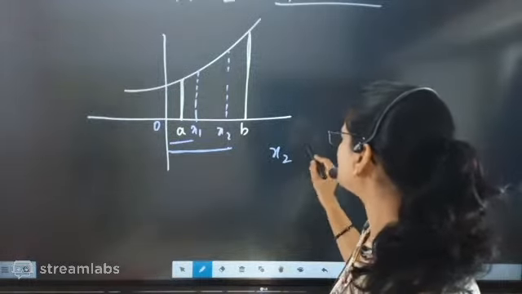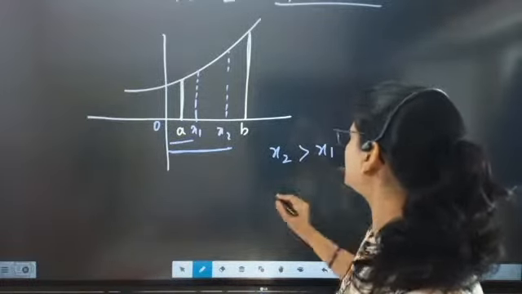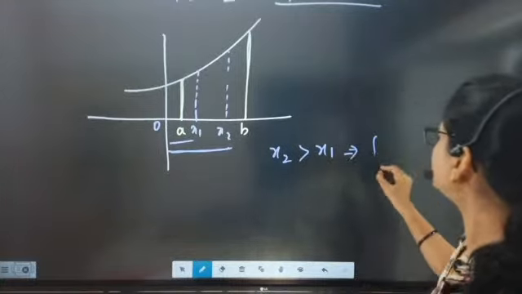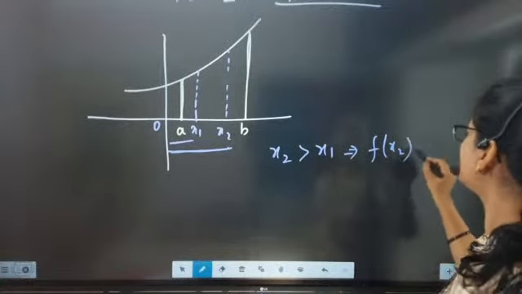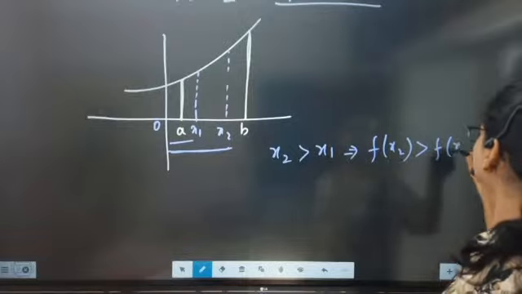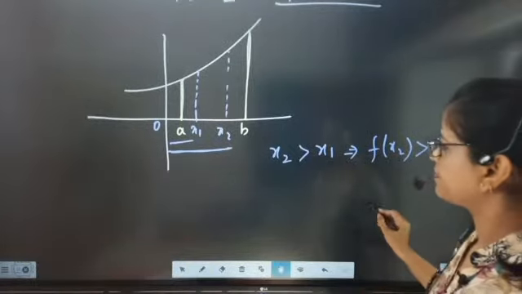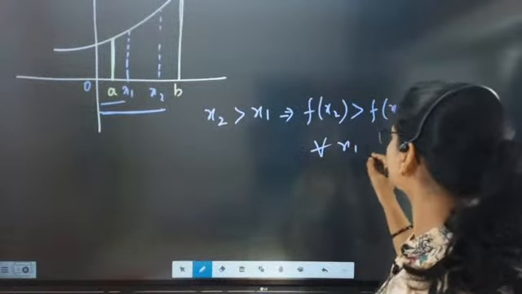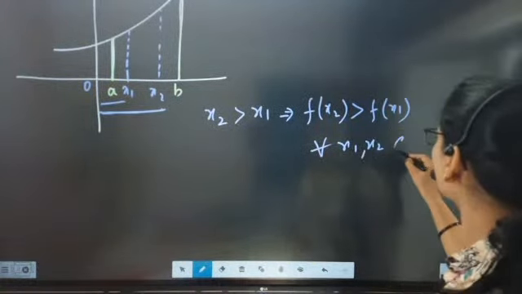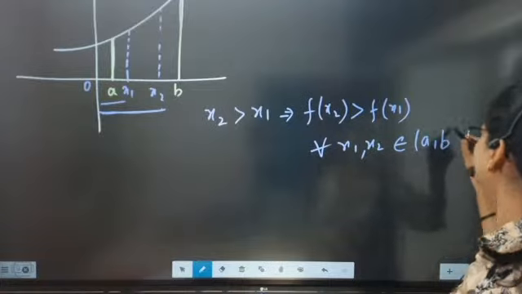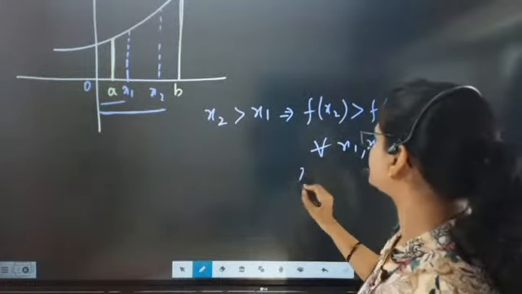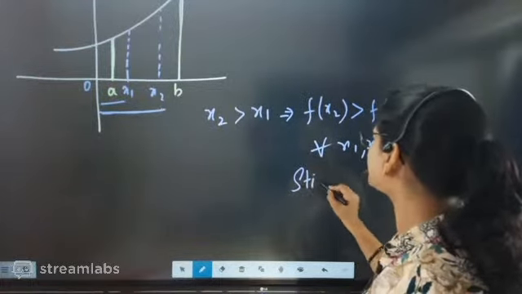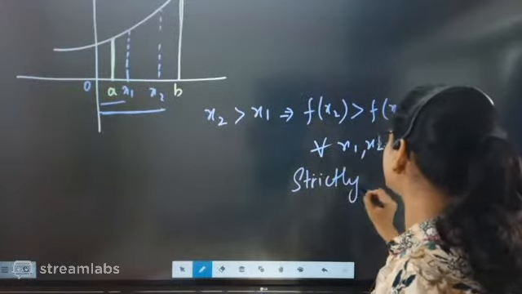So if x2 is greater than x1, then f of x2 will be greater than f of x1. If this condition holds for all x1, x2 belonging to the open interval AB, then it is a case of a strictly increasing function.